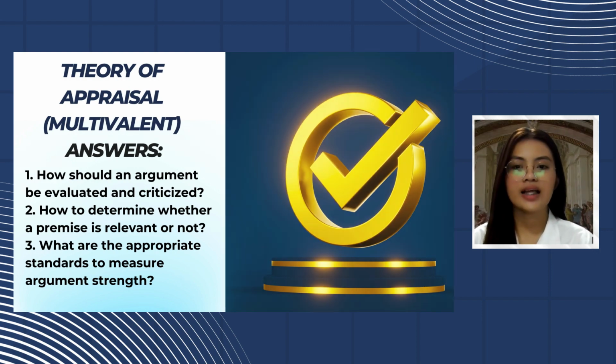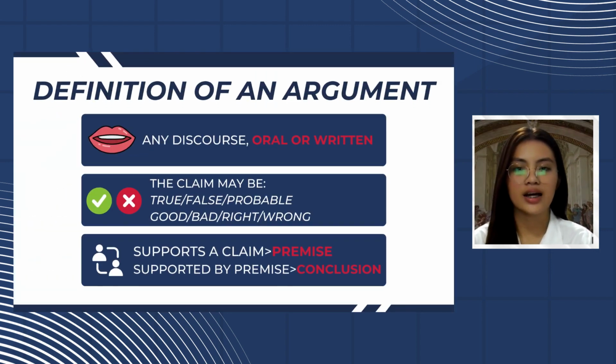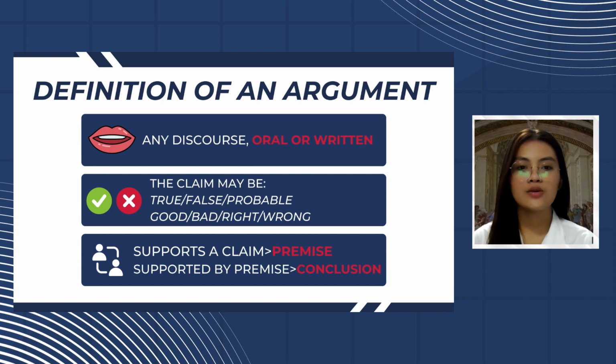So for the theory of analysis, how is an argument defined? The definition of an argument, according to the book, is that an argument is any discourse, whether it is oral or written, in which some statements are used as reason, justification, or evidence in order to support the claim of another statement.